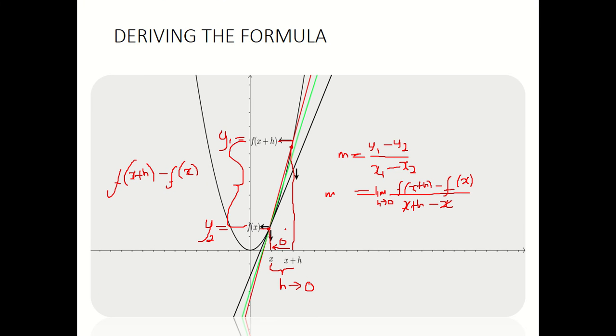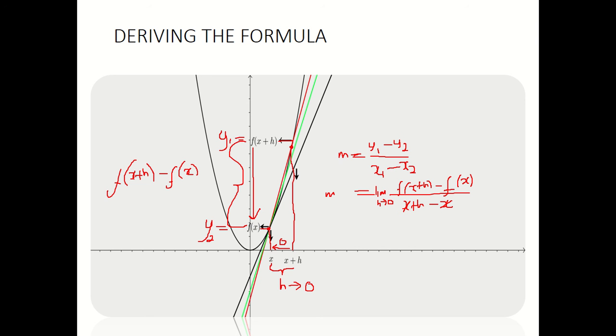So basically what this says is that as h gets smaller and smaller, to the extent that it approaches 0, meaning that this difference in x values gets closer to x, the y values will also decrease, to the extent that they get closer to f of x.